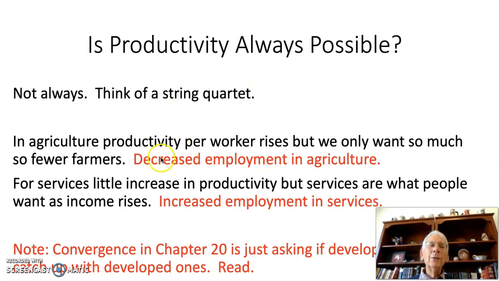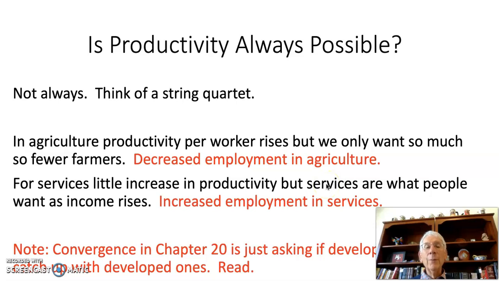So, what's the situation? In agriculture, natural resources, when productivity rises, people don't want that much more broccoli. Maybe they don't want any. People don't want that much more copper or oil or grapes, whatever. So if productivity increases, you need fewer workers. With services, think of college professors, lawyers, stockbrokers. If productivity stays relatively constant, as people's income goes up, they usually buy services.